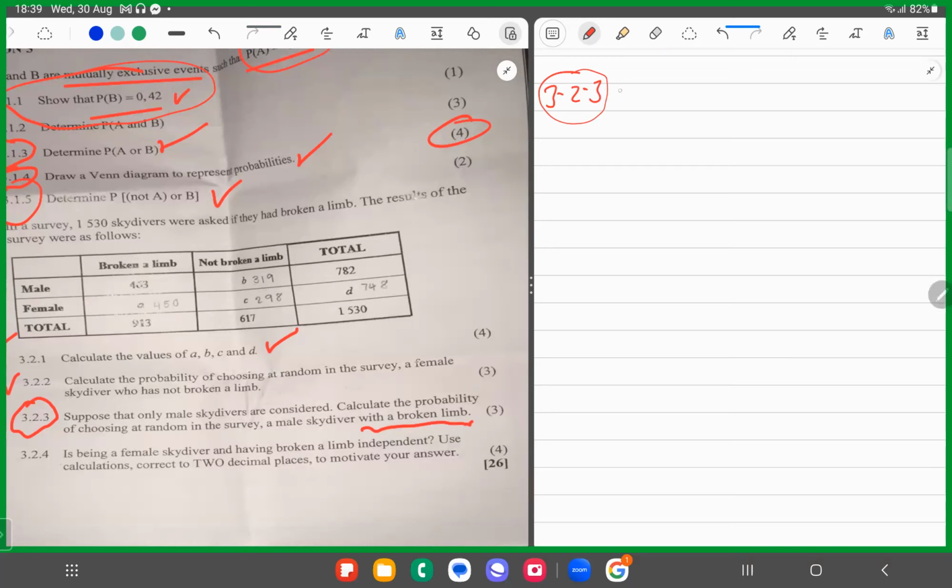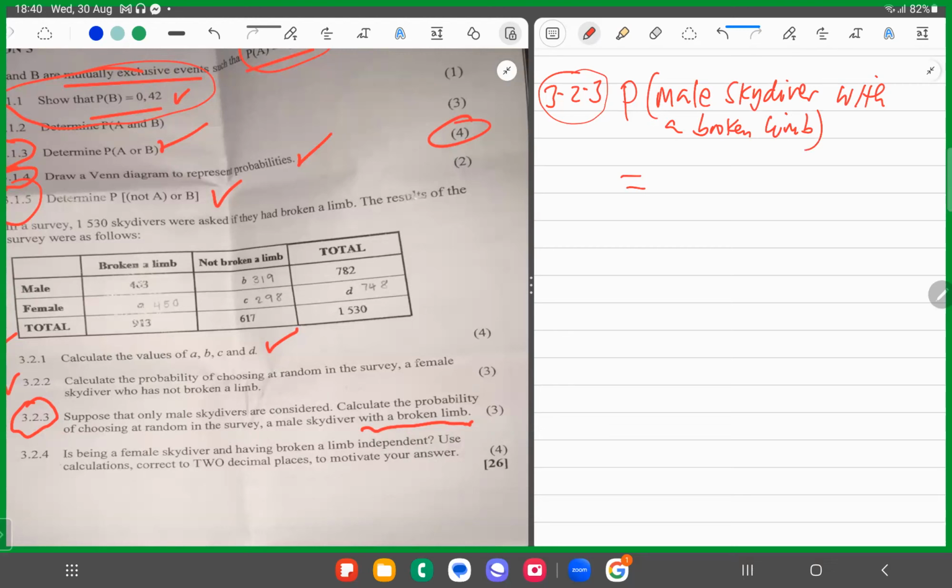So now you continue and you say the probability, in 3.2.3, of a male skydiver, of choosing at random in the survey a male skydiver with a broken limb.